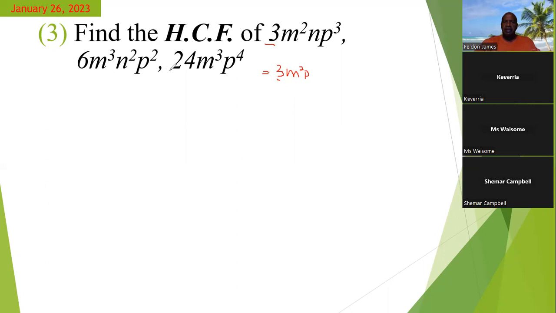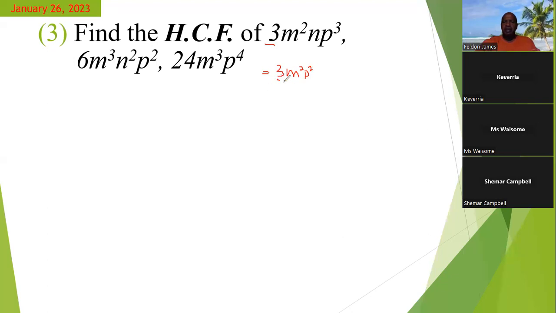Look at the n. Would the n be common to all of them? No, sir. So we wouldn't choose the n, but the p is common to all of them. So we choose the lowest power of p, p squared.